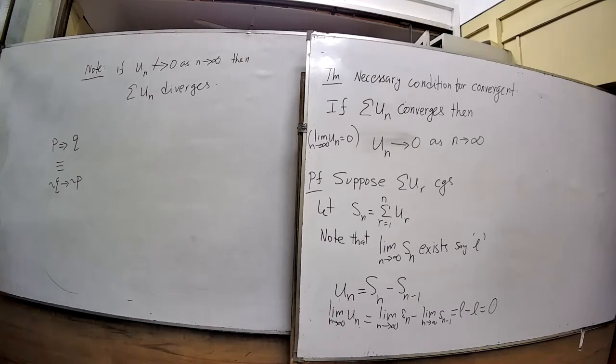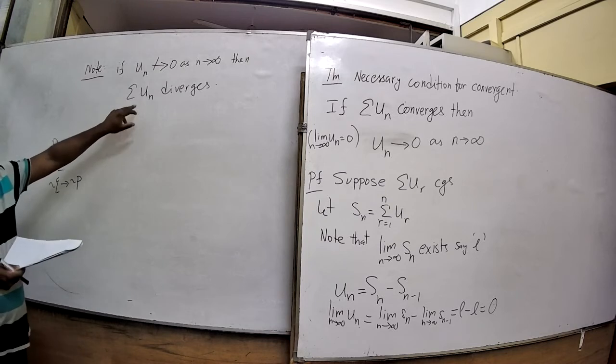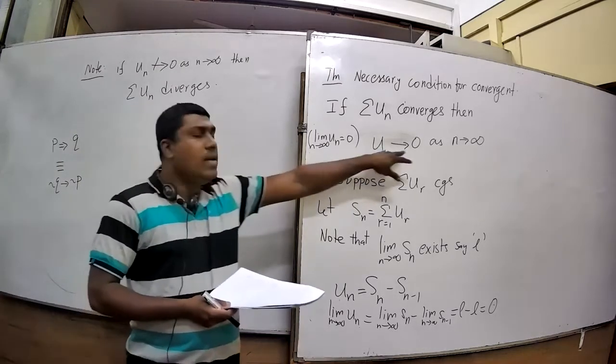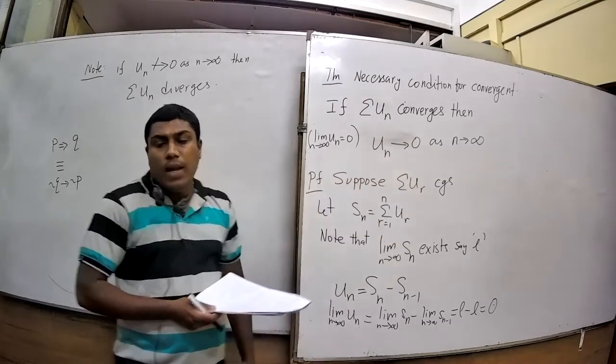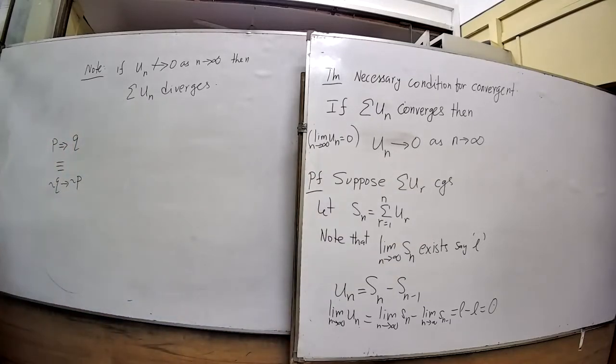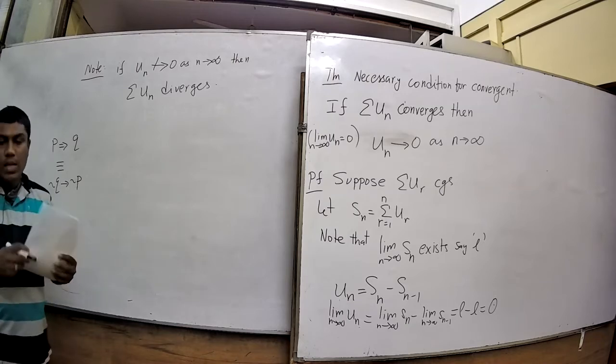So this is another way to test whether a series is divergent or not. If you take the nth term and take the limit of the nth term, and if the limit is not 0 as n goes to infinity, then you can say that the series is divergent.